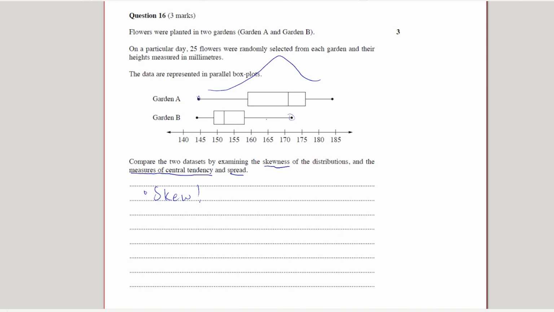That's how I'm able to sketch something like this, because in my head this box represents 50% of the data. So this is just a rough sketch. So now I can conclude that A is negatively skewed, and B is positively skewed.